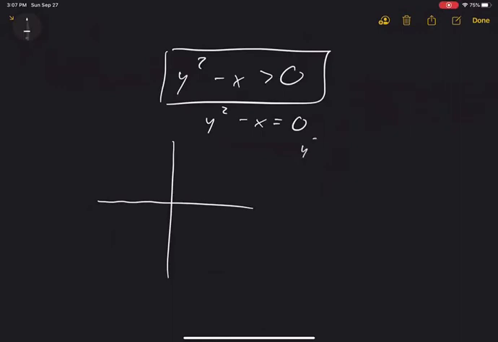It's the graph y squared equals x, in other words, x equals y squared. That's that sideways parabola. So that's what we have if we had an equal sign there. But we don't have an equal sign. We have a greater than sign. In other words, we have y squared is greater than x.